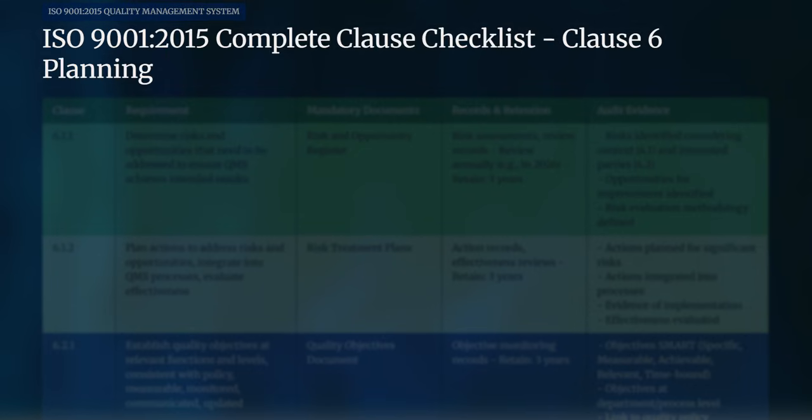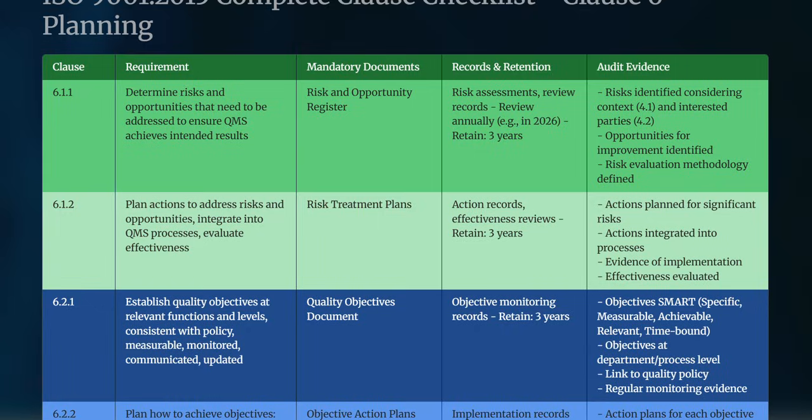And we are continuing with the complete clause checklist of ISO 9001:2015, and clause 6, Planning. Clause 6.1.1 requires you to determine risks and opportunities that need to be addressed to ensure the QMS achieves its intended results. The mandatory document here is a risk and opportunity register. For the records, you need risk assessment and review records, and you need to review them annually and retain them for 3 years.